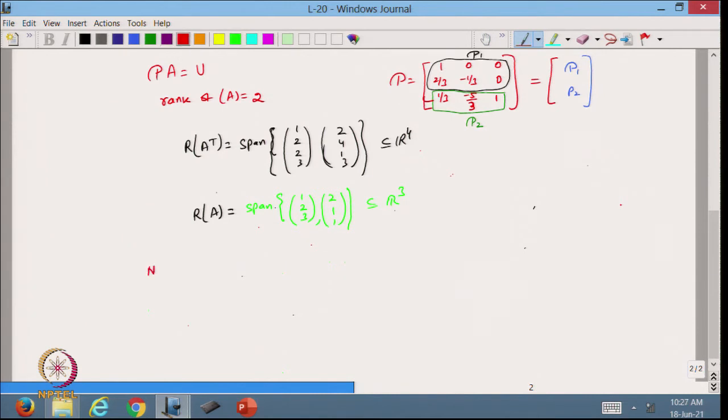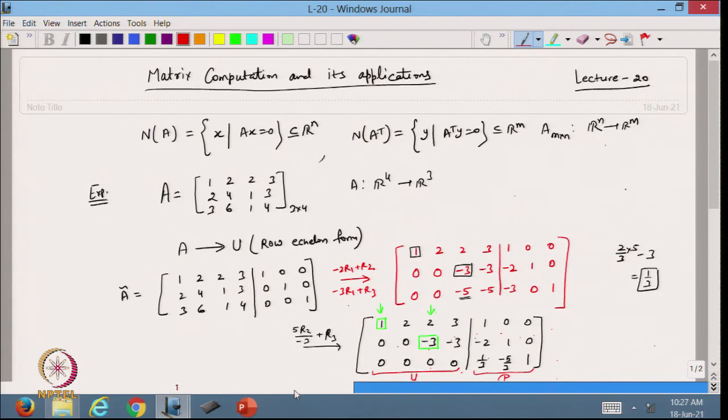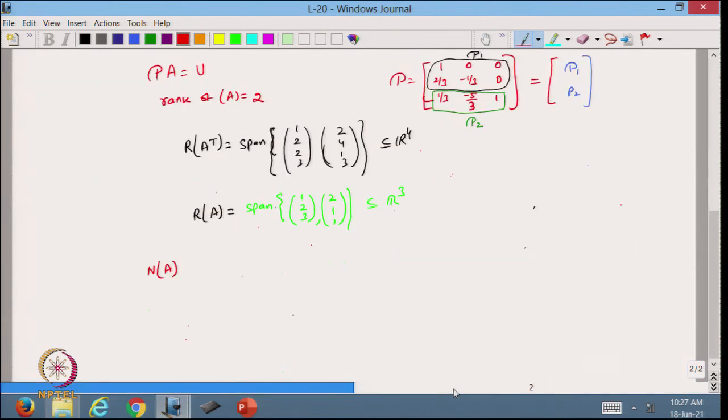So let us write, what about the null space of A? The null space of A comes again from the non-zero rows. This is my echelon form, and using this echelon form I can write the null space, that is equal to the x such that Ax equal to 0.